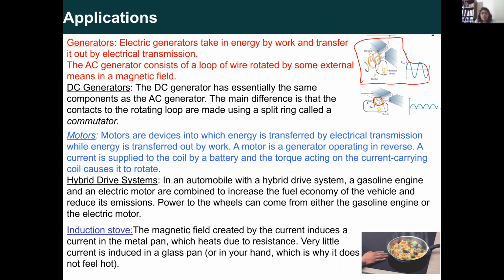Okay, and motors are devices that transfer energy into some kind of work, as we already know. And the motor basically operates in the reverse direction. So when the current is going through the coil from a battery, then there should be an external torque that we need to create to make it keep rotating.